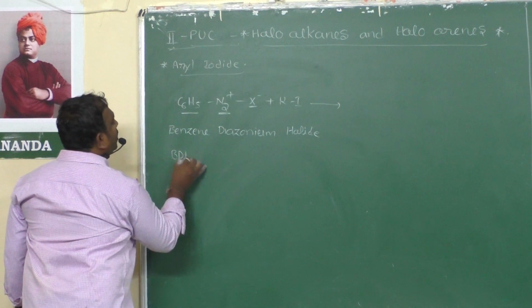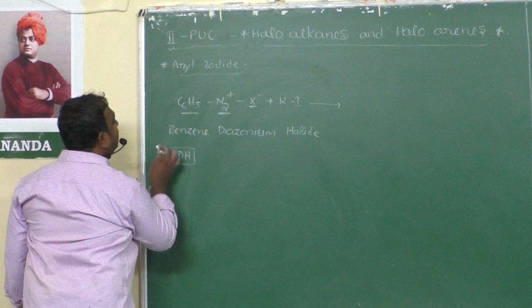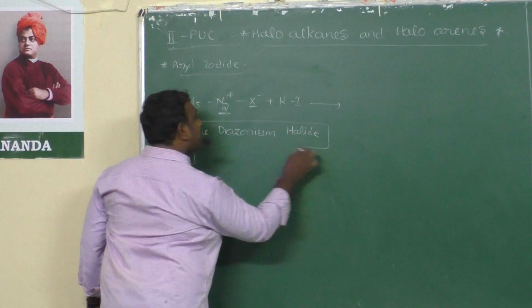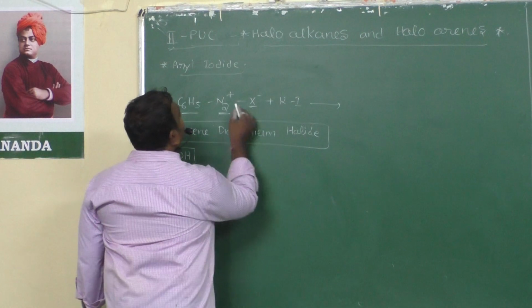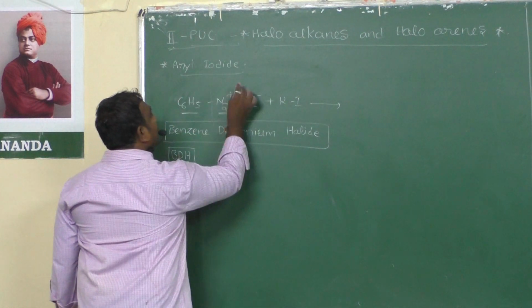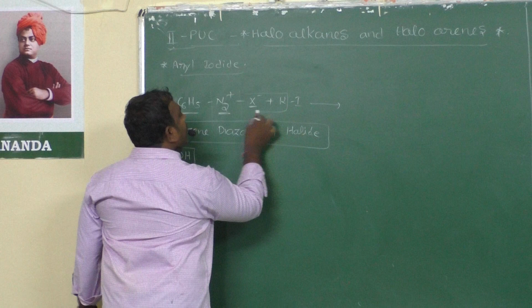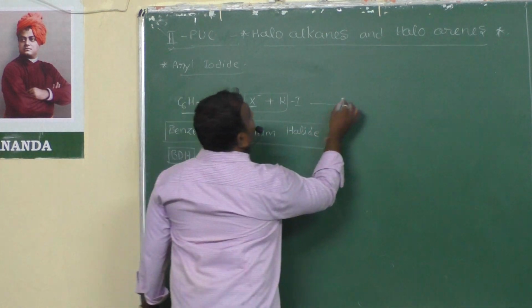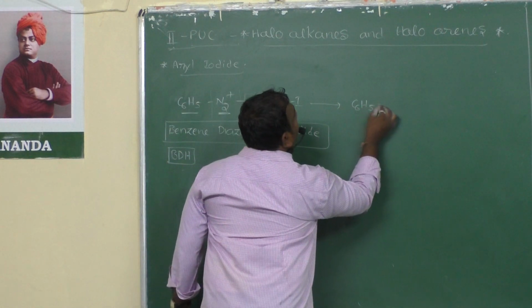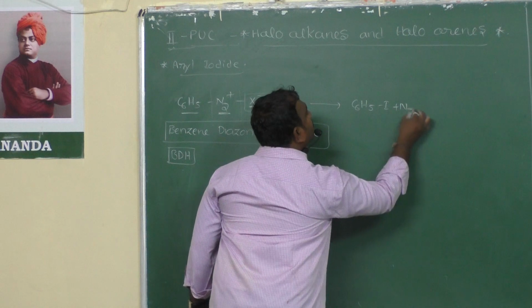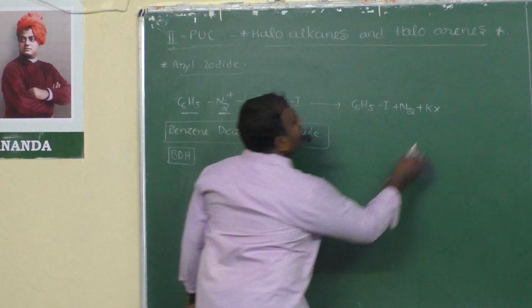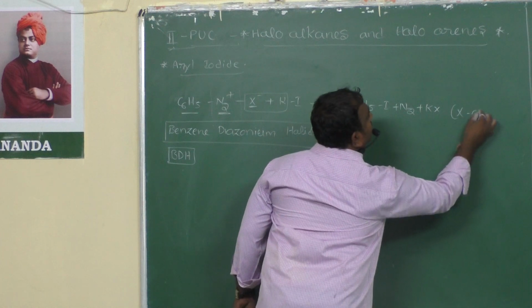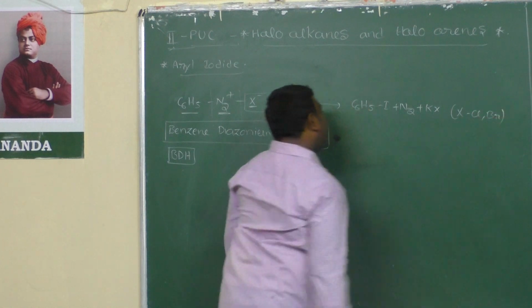Benzene diazonium halide is simply denoted by BDH. When benzene diazonium halide reacts with KI, aryl iodide is formed along with N2 and KX. Here X may be Cl or Br.